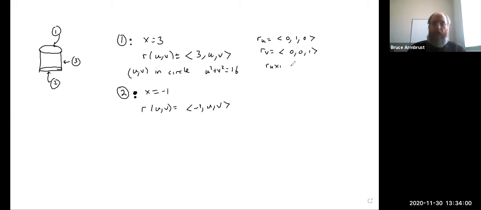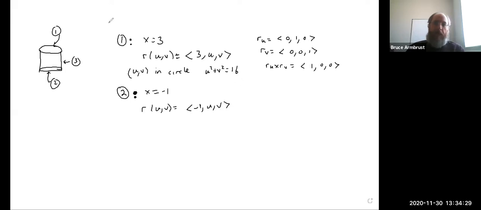So if we cross those, we get 1, 0, 0. And that should surprise exactly none of you. Because think about what that vector looks like. It's pointing just in the positive x direction.